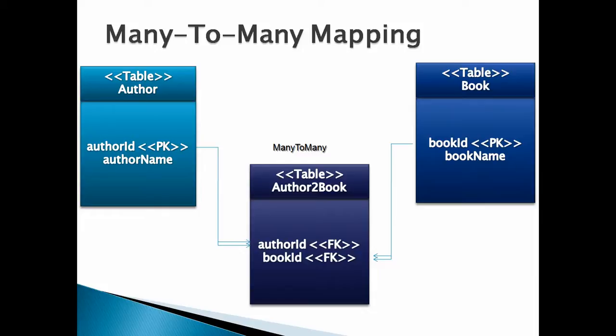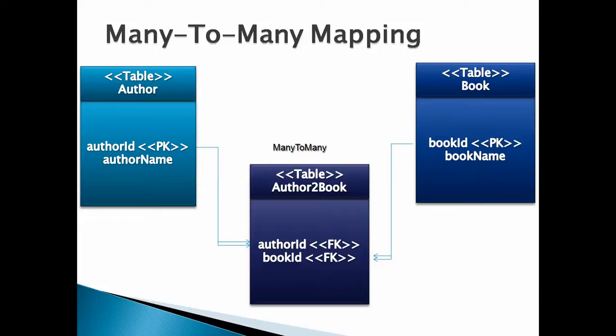In order to make many-to-many mapping between author and book, there has to be a third table, say author_to_book, that does mapping between the author and book, to demonstrate the many-to-many relationship. The author ID has to be a foreign key in table author_to_book. Similarly, book ID has to be a foreign key in table author_to_book, as shown in the figure.